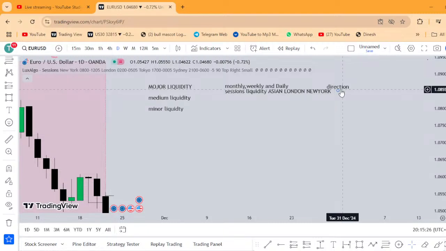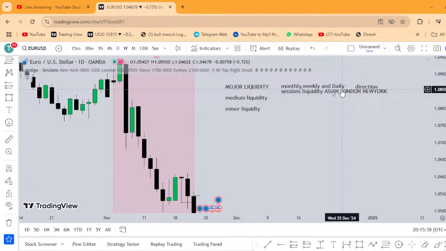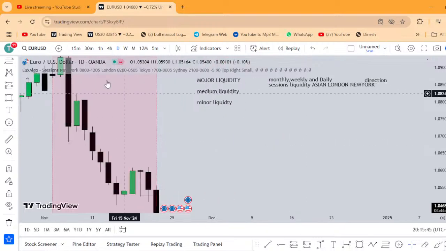If you're a swing trader, then the weekly is a directional time frame for you to trade 1, 2, 3, 4 days. Then if you're an intraday trader, the daily is a directional time frame for you to trade the intraday. So we need the major liquidity for us to control the movement of price in lower time frames.